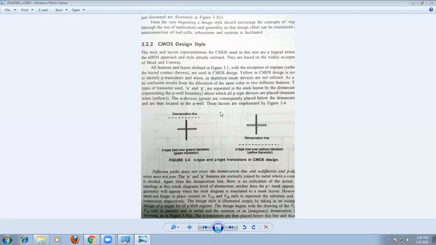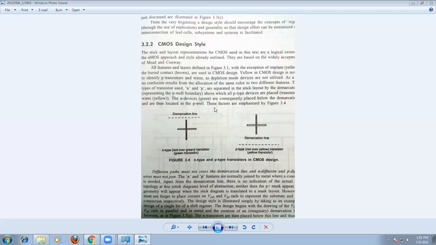Another very important thing is brown color. Brown color is used in the NMOS design style for the buried contact, right? But we are not using the buried contact in the CMOS design style. Remember, that is another very important thing. Why? Because the buried contact is used whenever polysilicon joins with the diffusion layers.